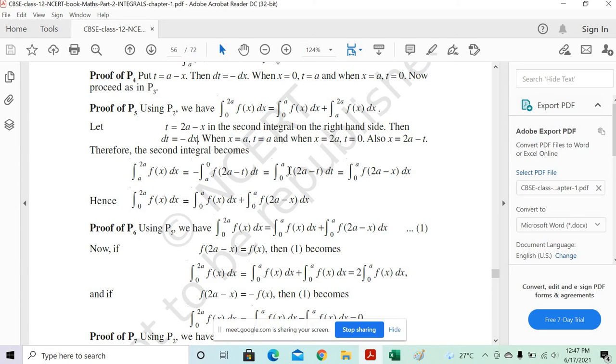Now t can be easily changed to x, that is fine, right?